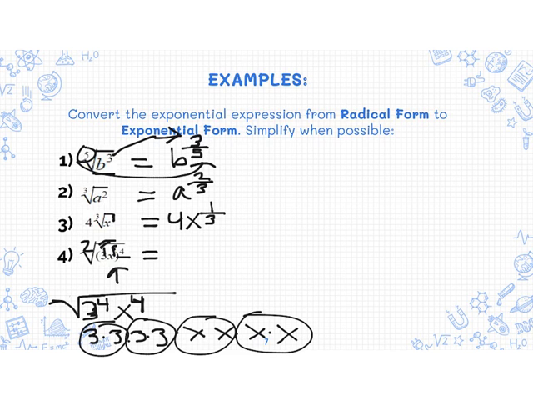When I do that, I see that everything is going to go outside. I have 2 groups of 3, and I have 2 groups of x's. Simplify that 3 squared, 3 times 3 is 9, so I have 9x squared. So that is my new simplified value, 9x squared.